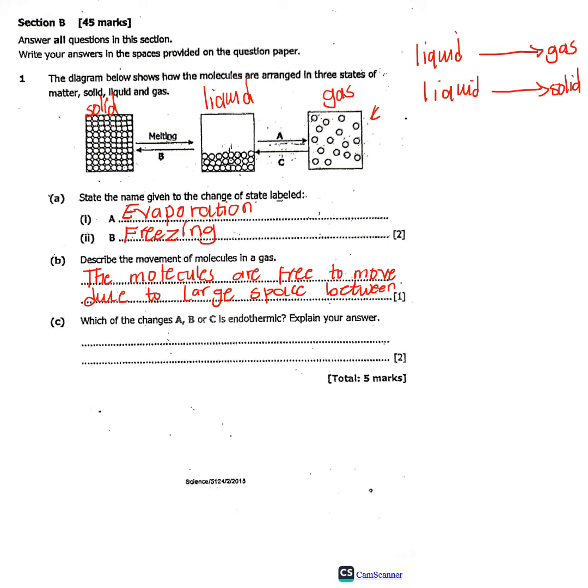Okay, so now we can move on to question C. Which of the changes A, B, or C is endothermic? Now we have endothermic. So the word endo means inside.